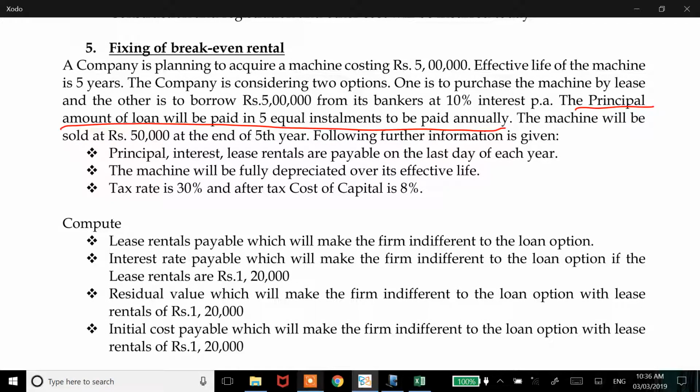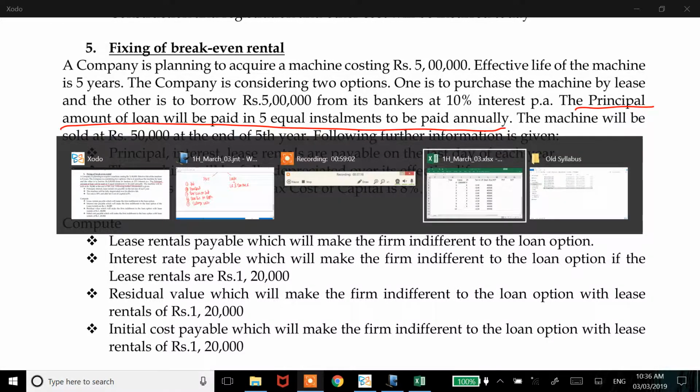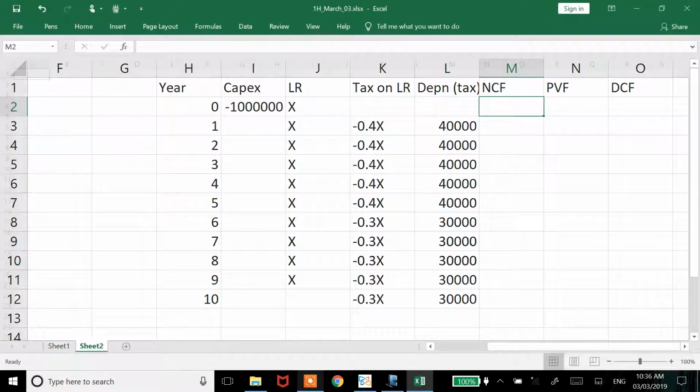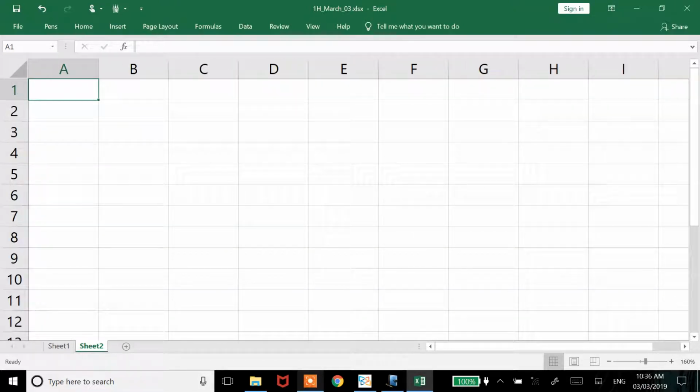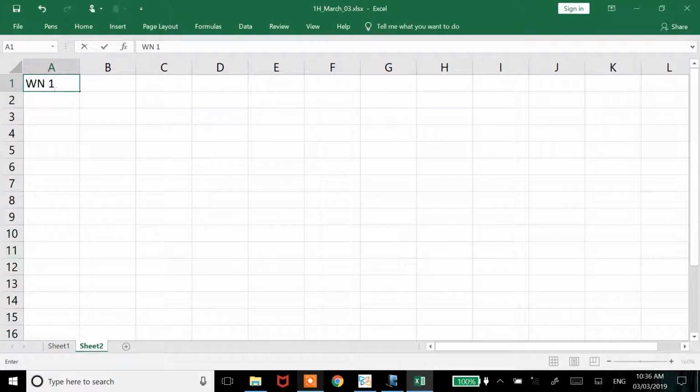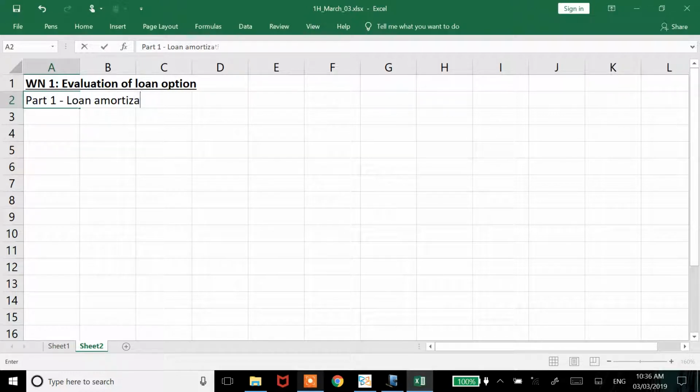Working note 1, evaluation of loan option. In that, part 1, loan amortization table.